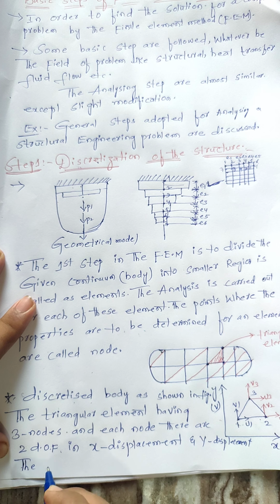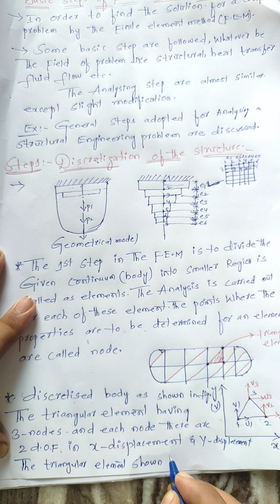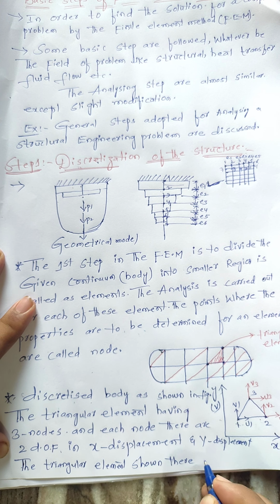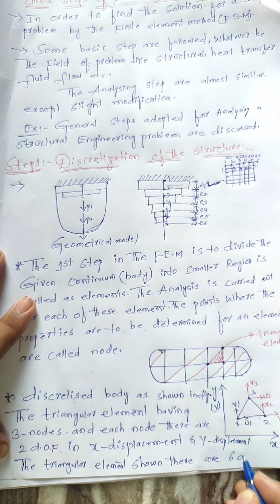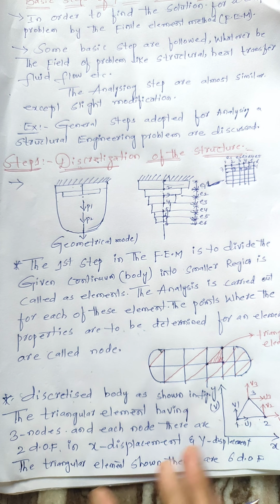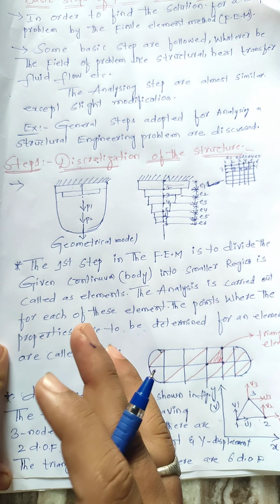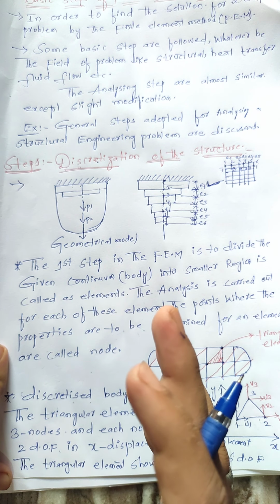The triangular element shown has 6 degrees of freedom. Okay. The second step is the selection of the displacement function.